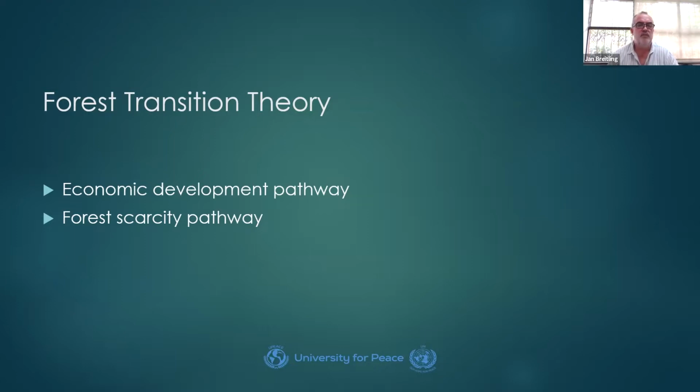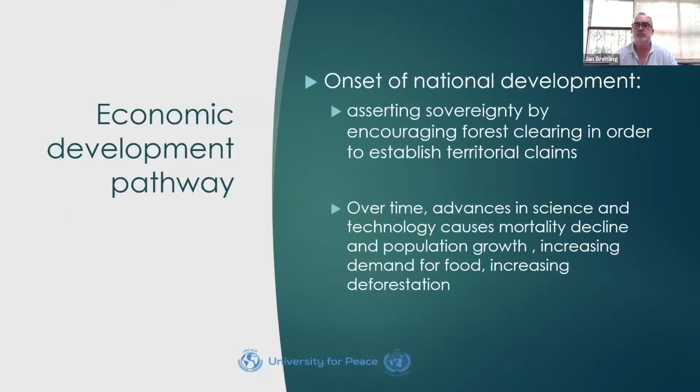So the economic development pathway is basically a version of modernization theory, right? So you have an impact at the beginning, when a society starts to develop. Deforestation is linked to processes of establishing a state, a territory. So sovereignty is claimed by clearing forest and making it visible that the state has control over this area.